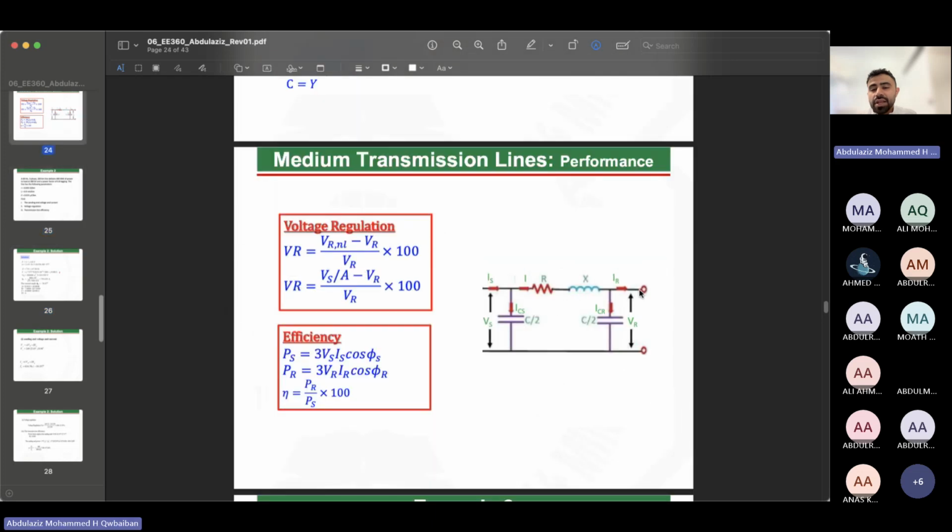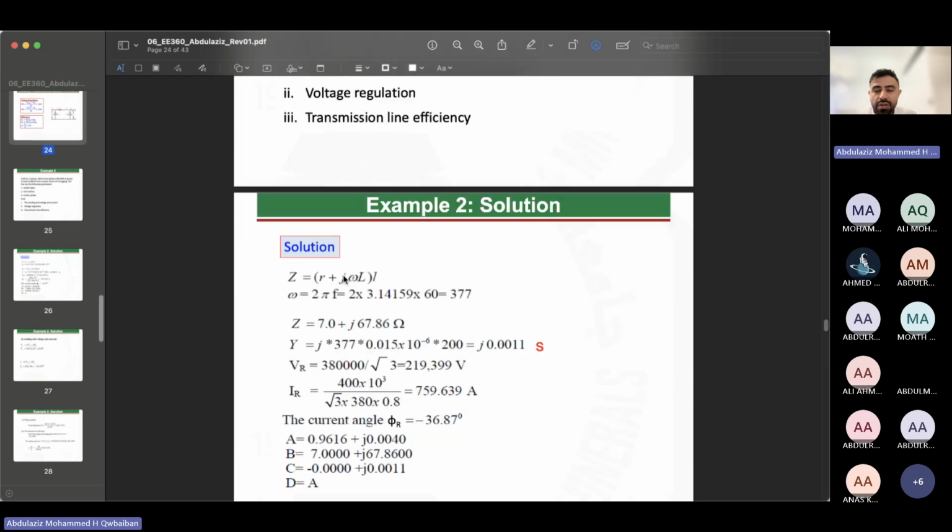It means if you connect the load, VR would drop by 13%. If no load, VR has a value of Vs over A. If you connect the load, VR has a value. These two numbers are what? Remember, it's Vs over A, the voltage regulation.